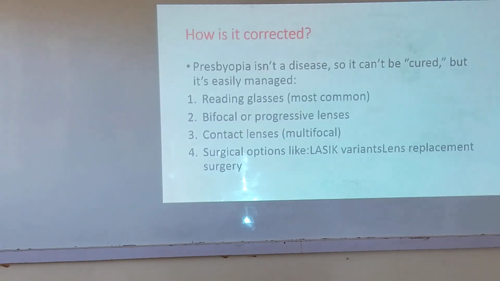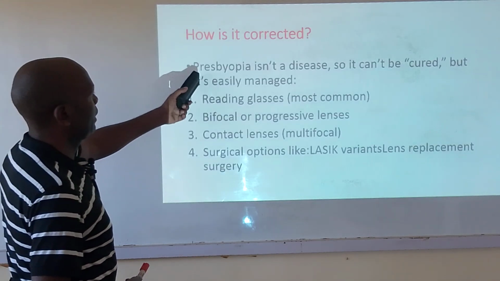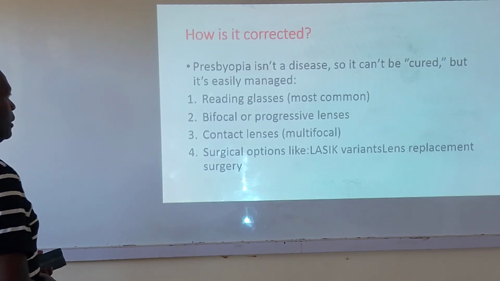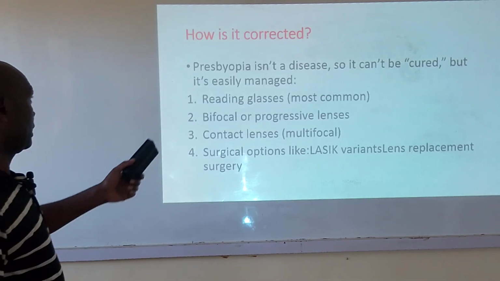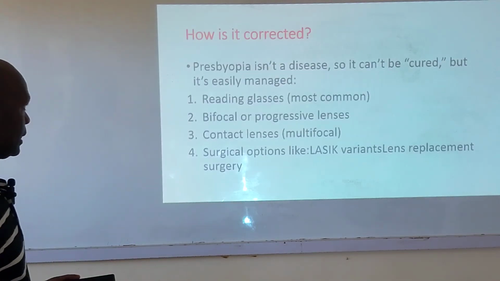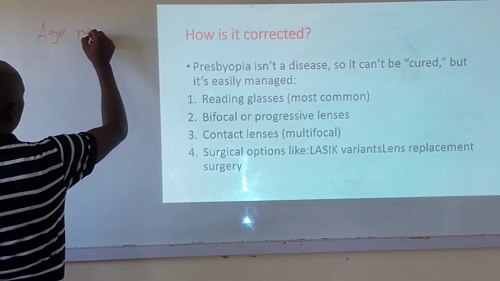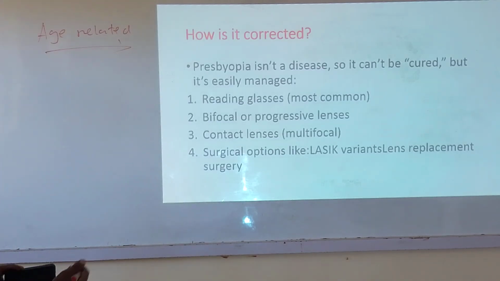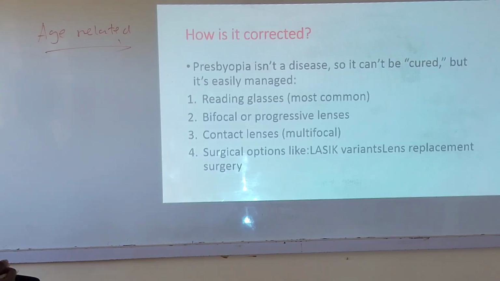So how do you correct this error? In presbyopia, they normally get glasses, reading glasses. But remember, presbyopia is not a disease. It is age-related. Therefore, you can just try to manage it, but you cannot cure it completely.